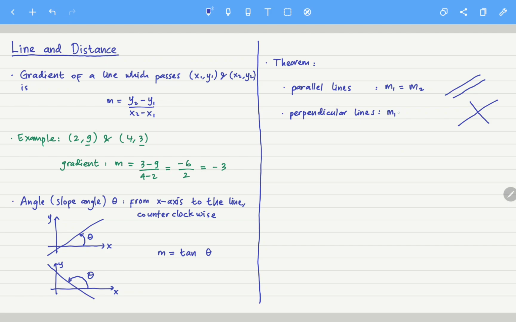So m1, the gradient of the first line, times the gradient of the second line, will be equal to -1.